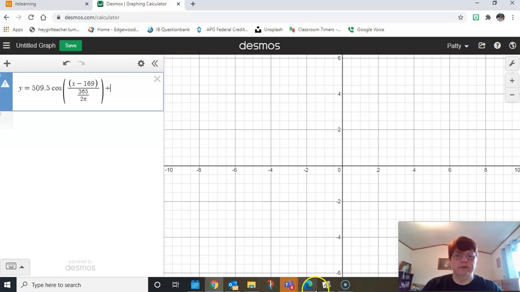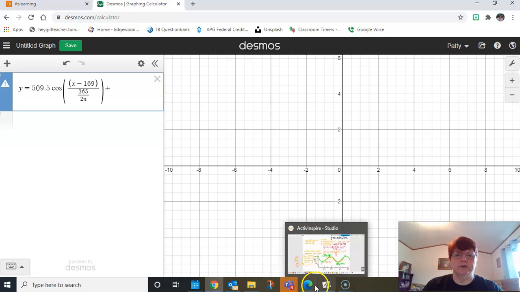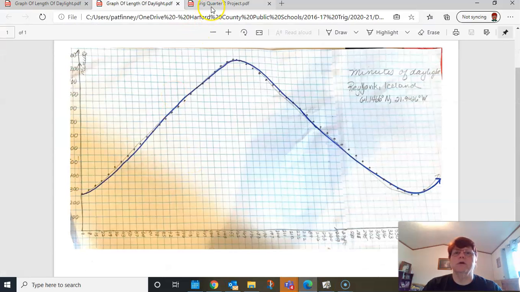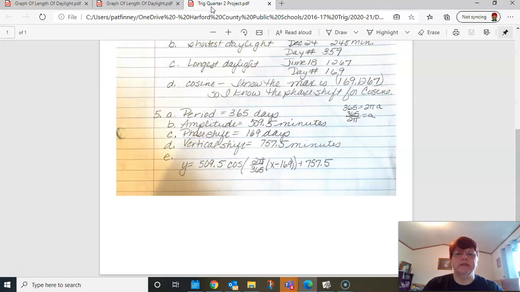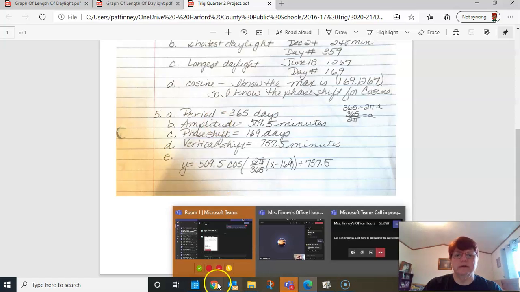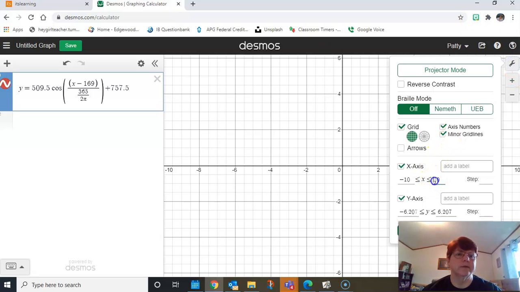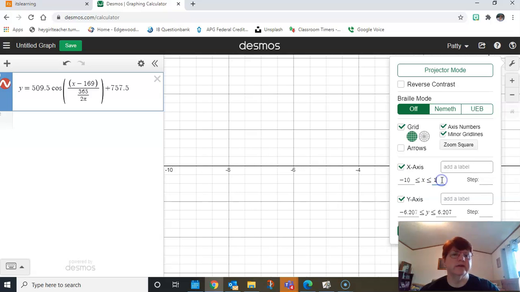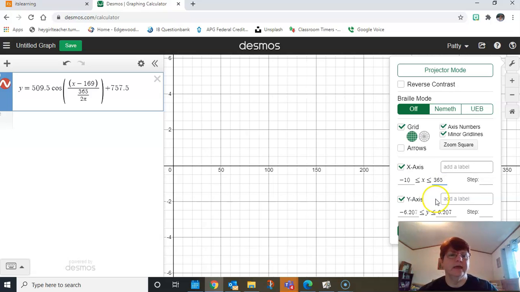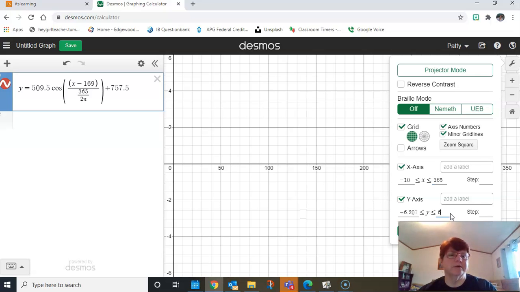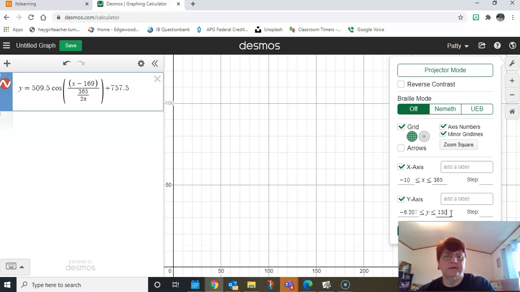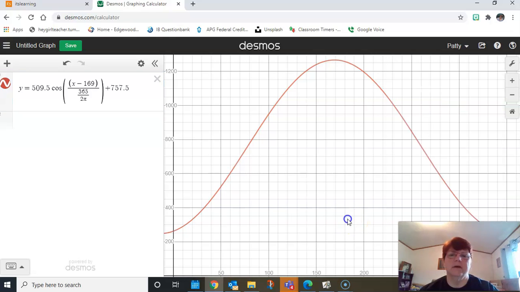I forgot what my vertical shift was. 757.5. And then I made my window work. So my x-axis, I need to go to 365 because that's how many days there are, and for my y-axis, I need to go up to 1300. Is this what my graph looked like?